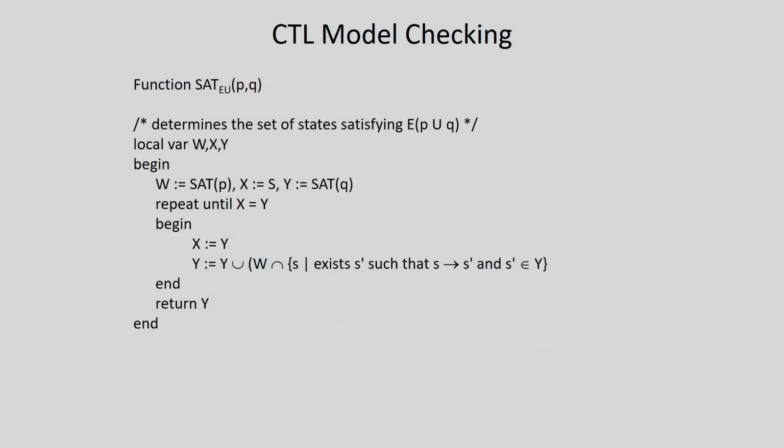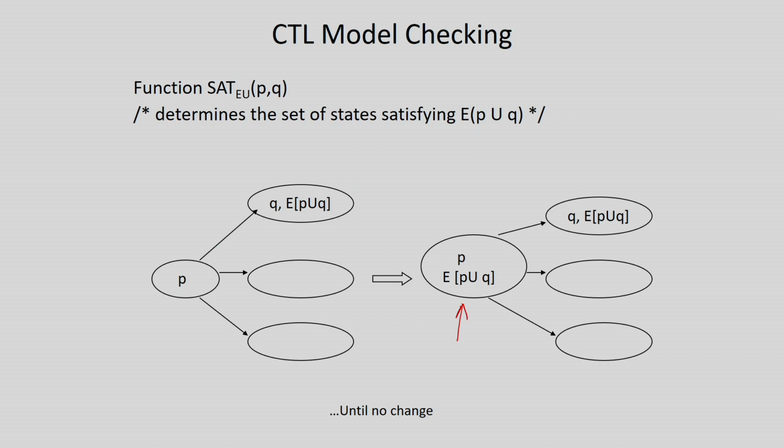For that we have this particular algorithm. What are we going to look at? We are using three local variables W, X, Y. What is W? W is nothing but the set of states where P is true. We collect the states where P is true because in our algorithm, if P is true in a state, only then can we check whether E[P until Q] is true in that state or not.